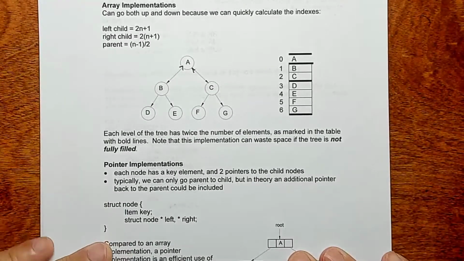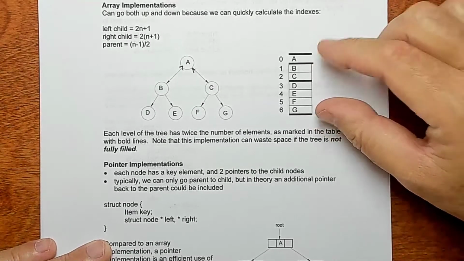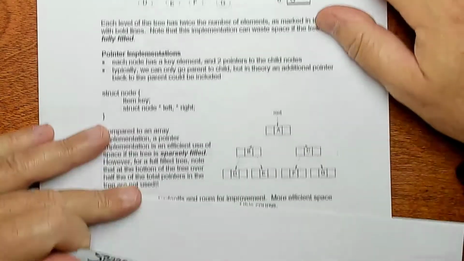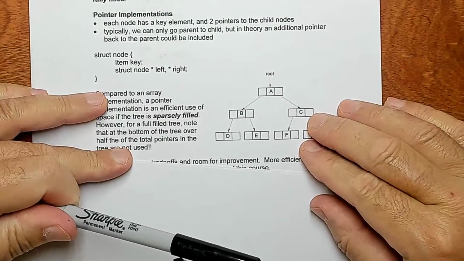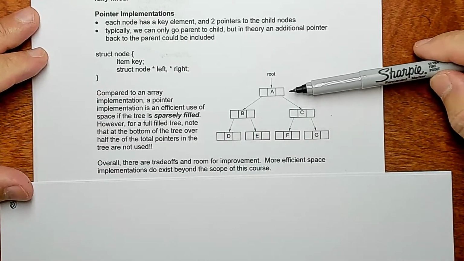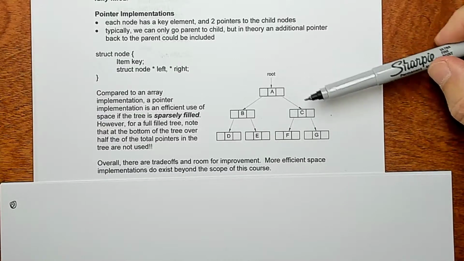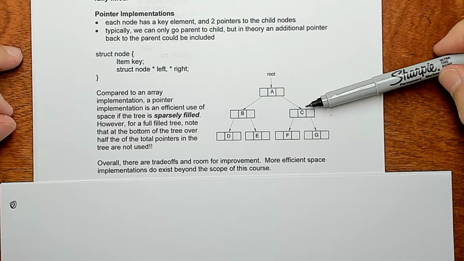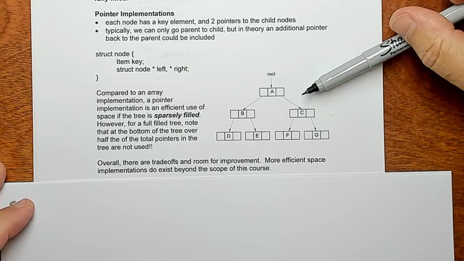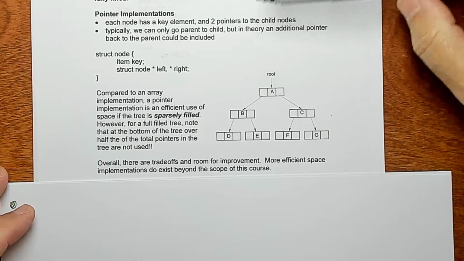Unlike an array, where in order to get an array to work, you have to allocate the entire thing before you can do anything, right? But here we can allocate nodes as we go, sort of request memory from the system as we need it. So anyway, that's pros and cons in terms of memory.